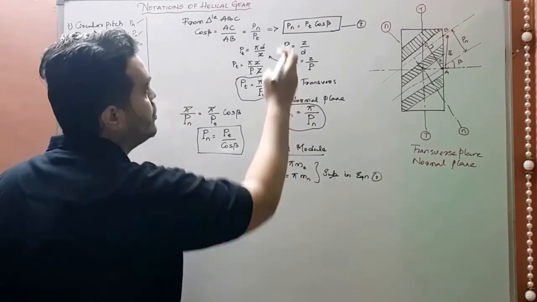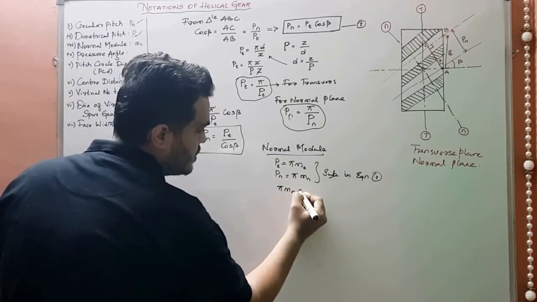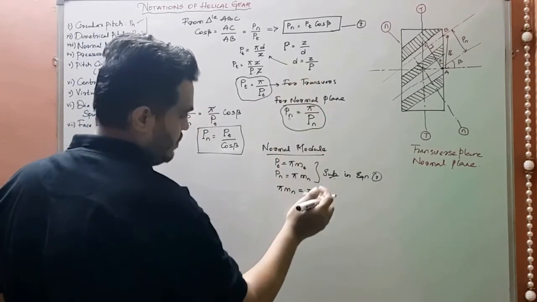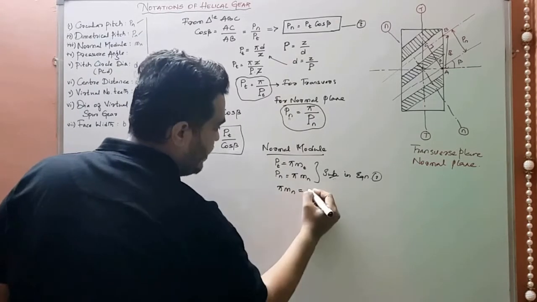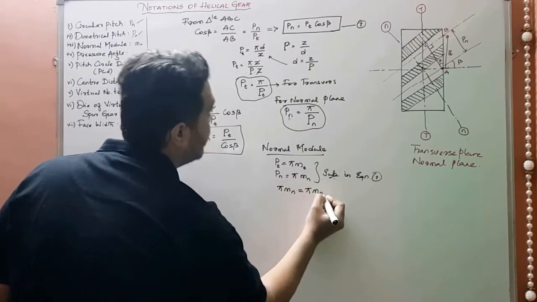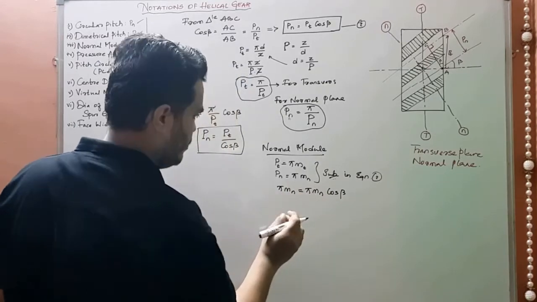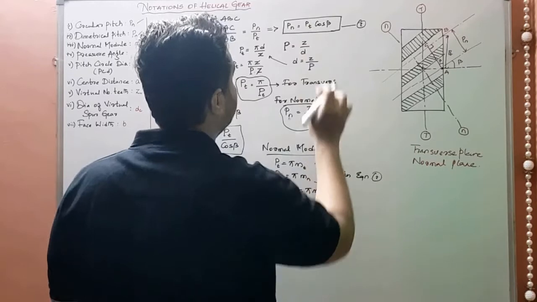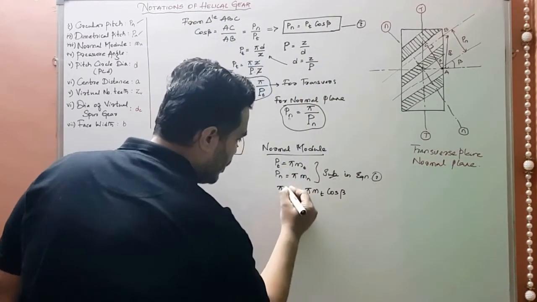So you substitute what is Pn here, pi mn is equal to, what is Pt? Pi mt and cos beta. Pt is nothing but pi mt, so you just cancel it.